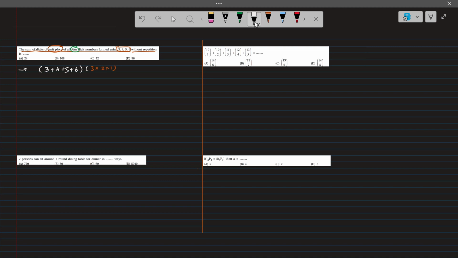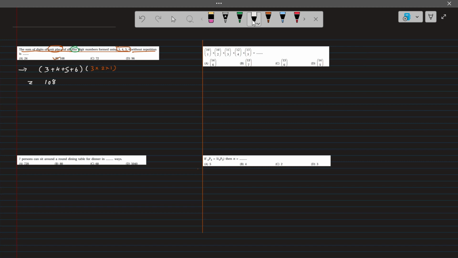And this will give us the final value. 3 plus 4, 7 plus 5, 12 plus 6, 18. 18 into 6 will give us 108 as our answer, which is given in option number B.